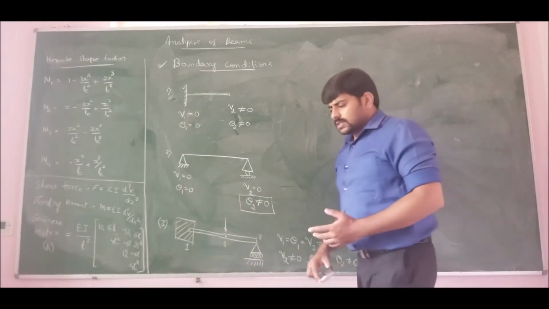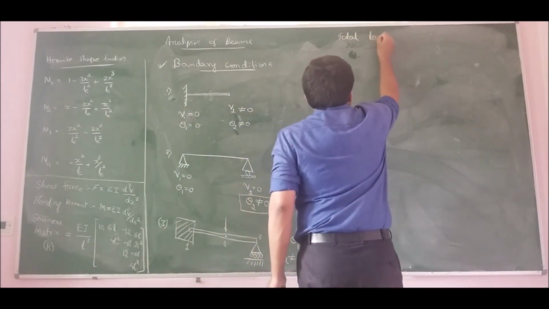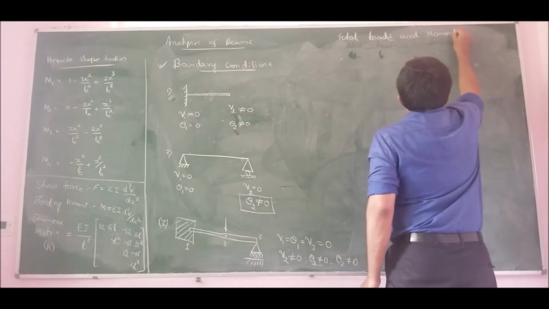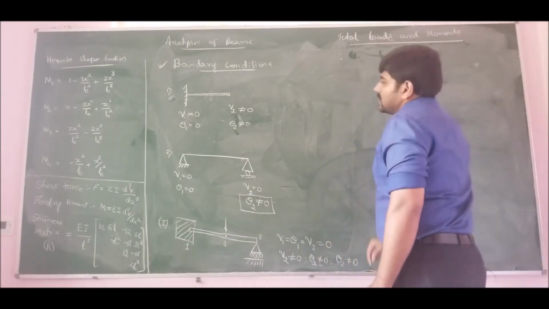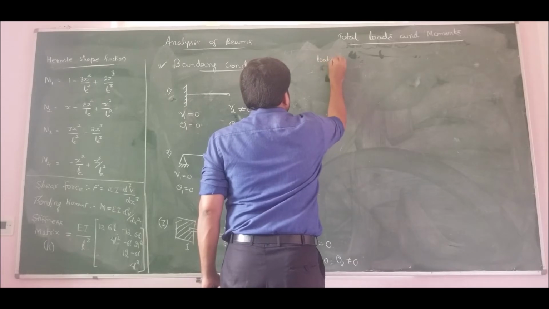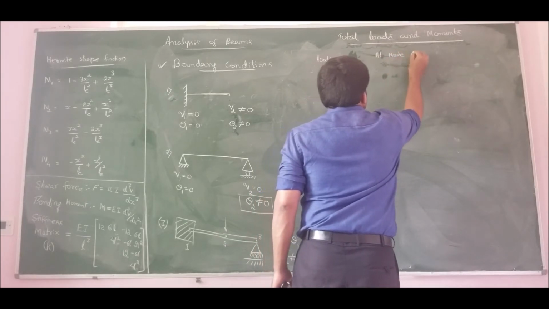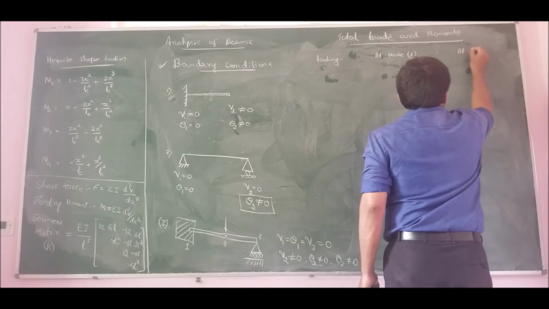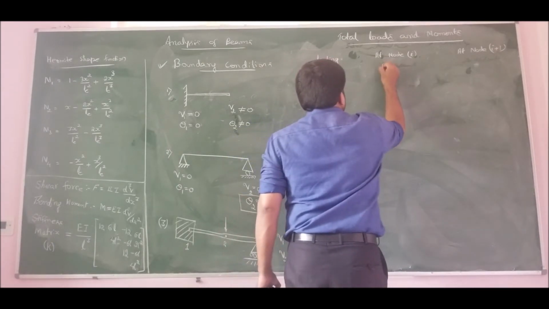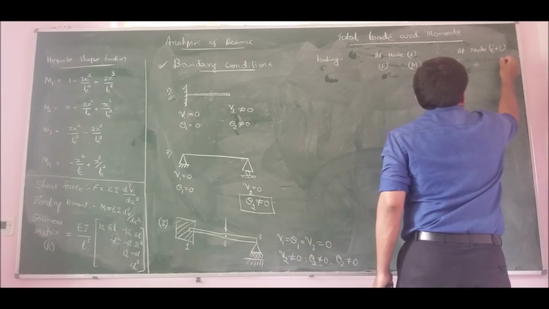Next, coming to total loads and moments at nodes. To determine total loads and moments at nodes, if I have the loading conditions at node i and also at node i plus 1, you should compute both load as well as moment.